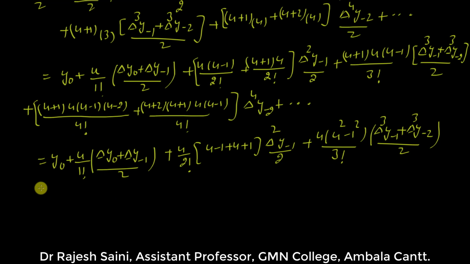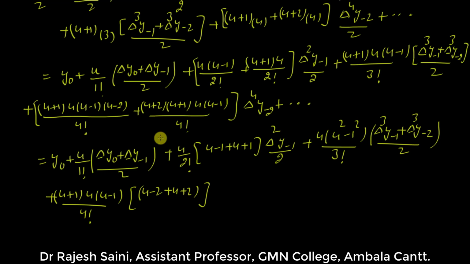Fine. Take the common out, u plus 1 is common, u is common, u minus 1 is common, so we are left with 4 factorial common, so we are left with u minus 2, u plus 2.